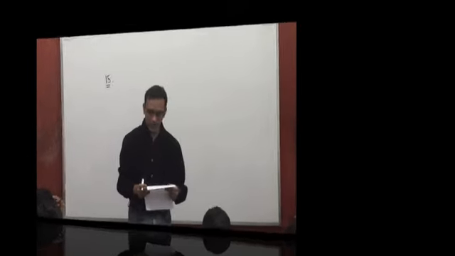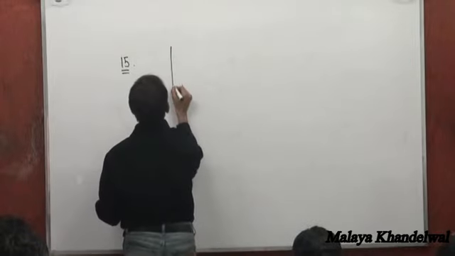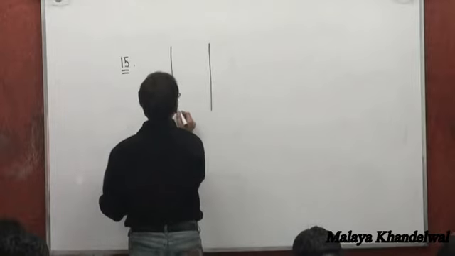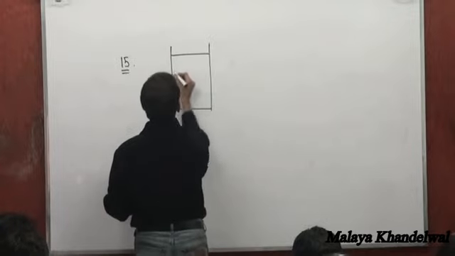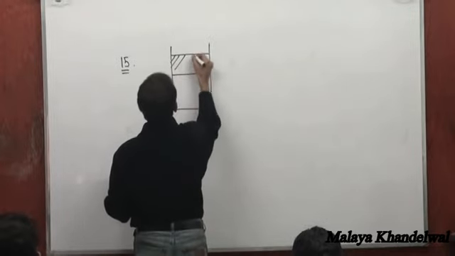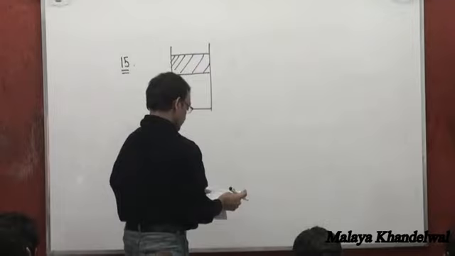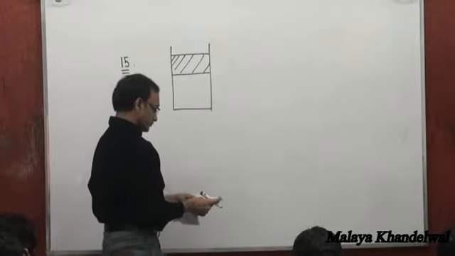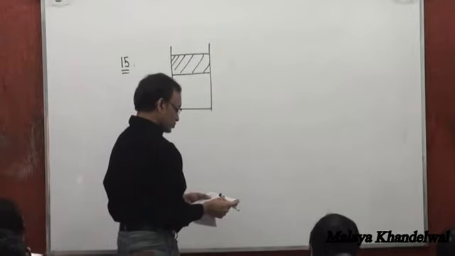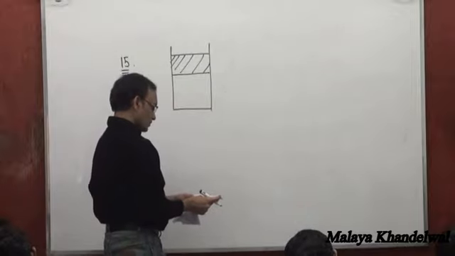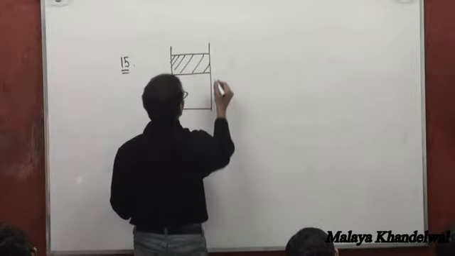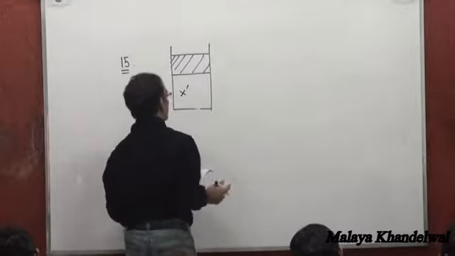A narrow cylindrical pipe closed at one end contains air which is separated from the outer atmosphere by a column of mercury, and the open end is uppermost. Air occupies a length x prime millimeters.